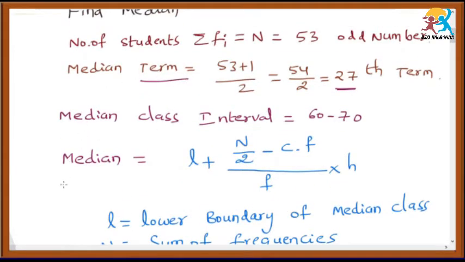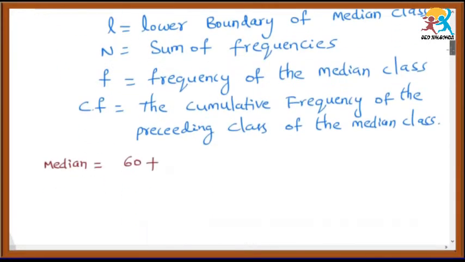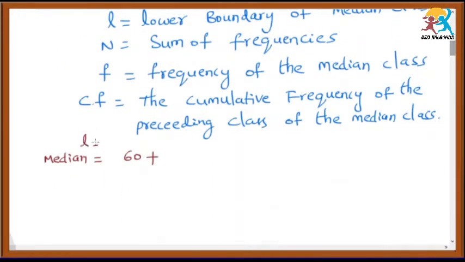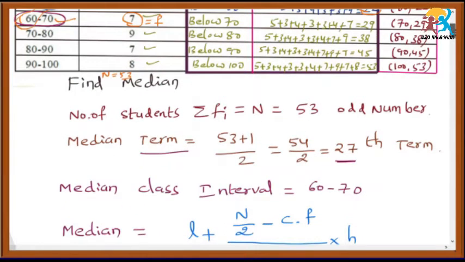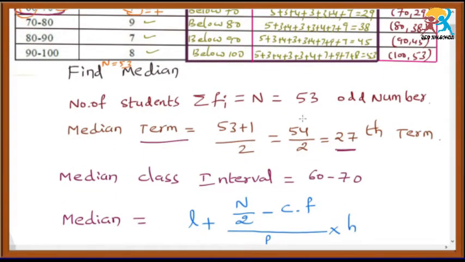So I will write L is equal to (60 plus 60) by 2, that is equal to 120 by 2, it will become 60, plus n by 2. What is n by 2? It is 53 by 2. So we should find out n by 2 also.